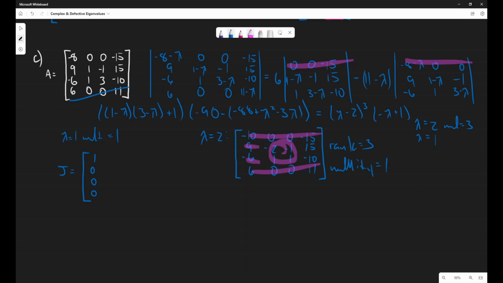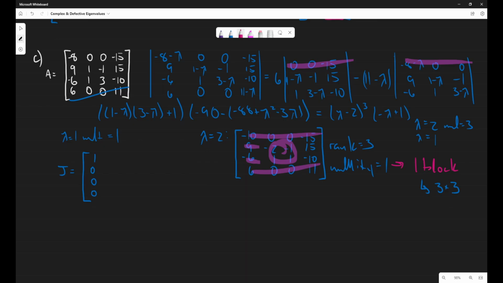So again, we have a nullity equal to 1. So we will have 1 block in our Jordan form. What does that 1 block mean? Because this is 1 block, that means our block will be a 3 by 3. So we will use a different color.